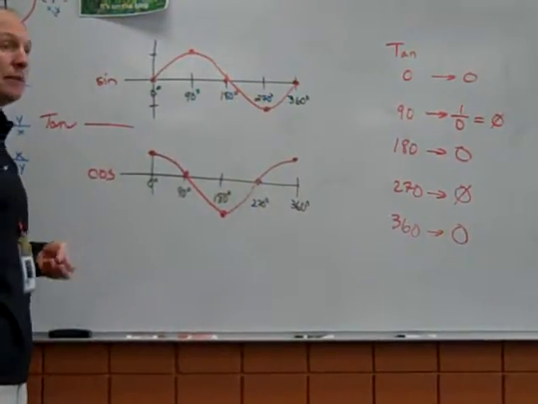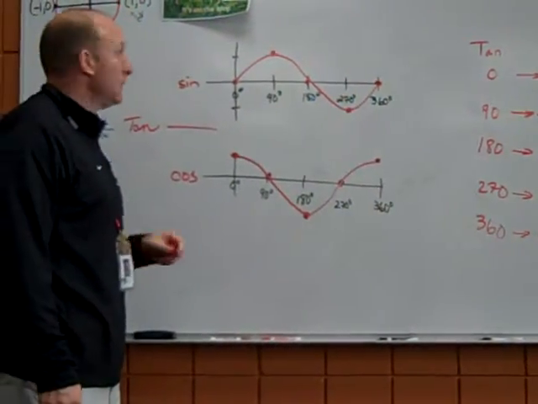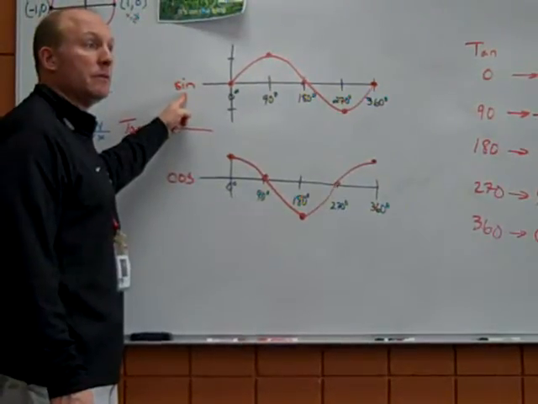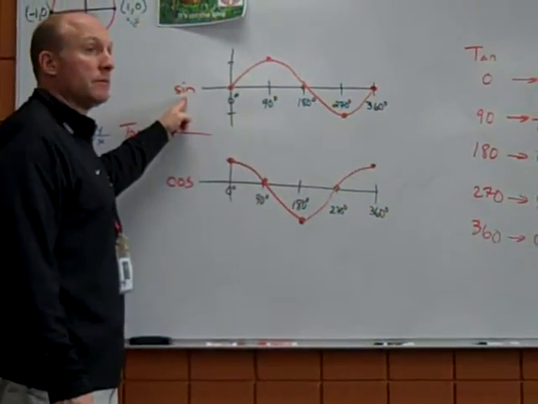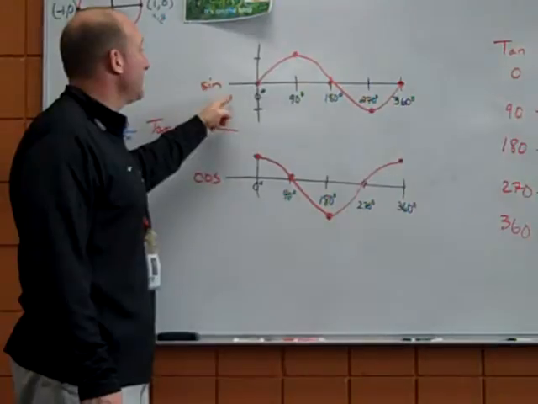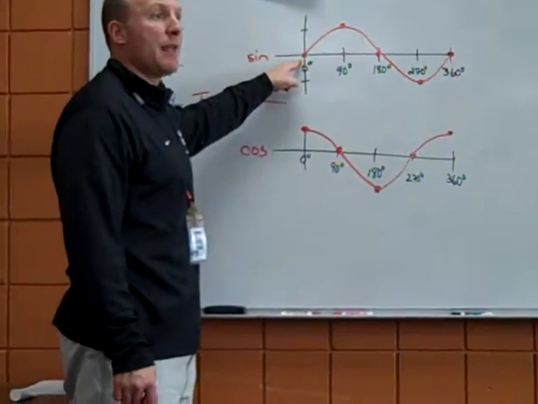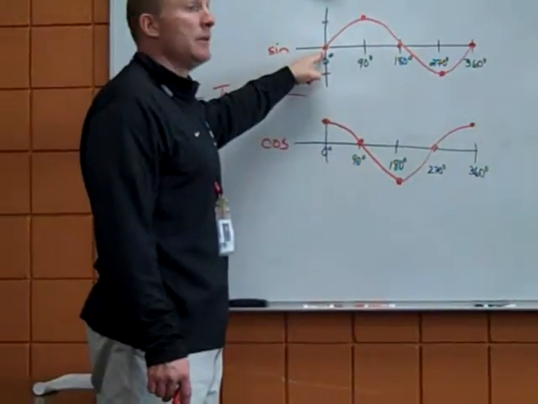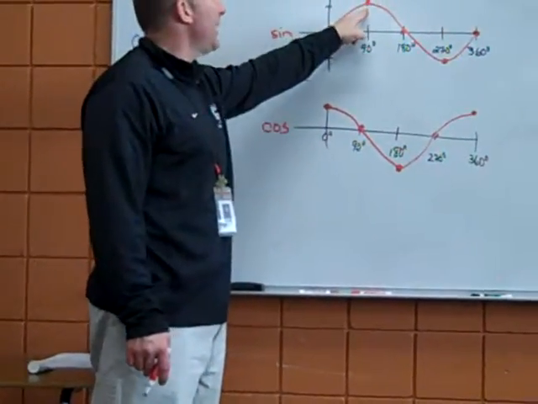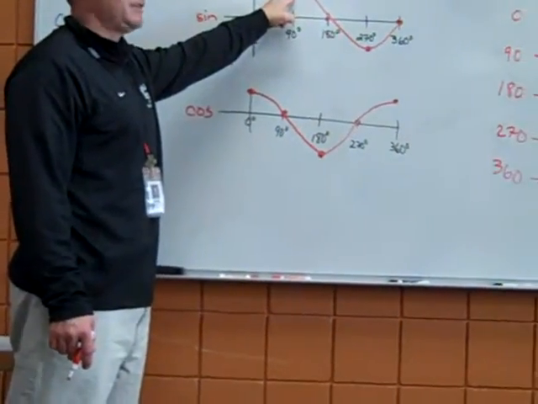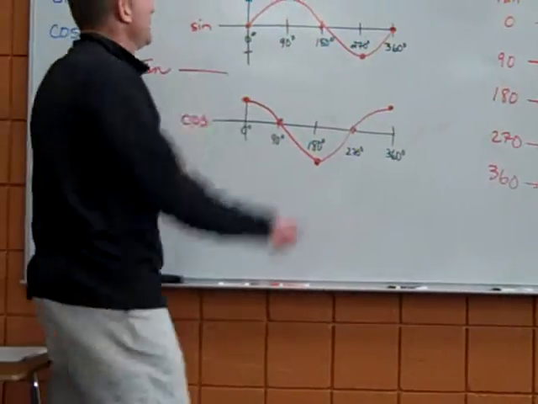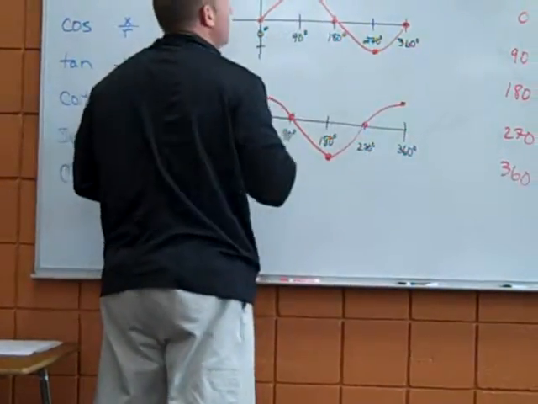Can you flip all the rest? Flip sine. So this would be what if it was cosecant? Undefined. This would still be 1 because it's 1 over 1.